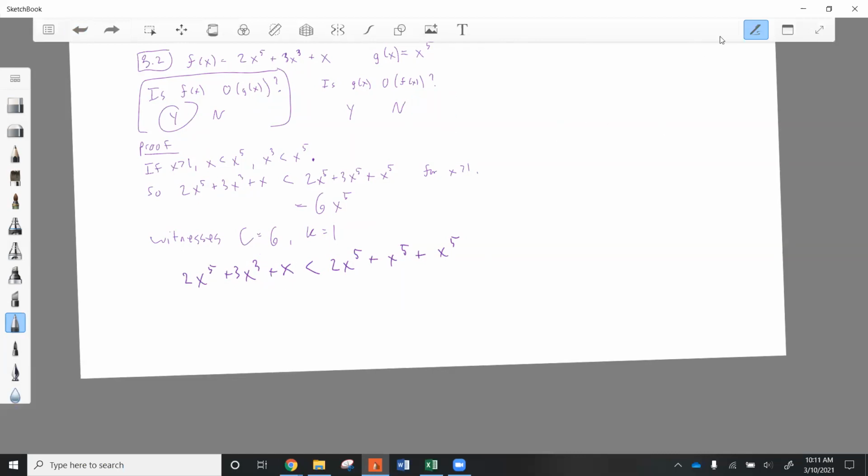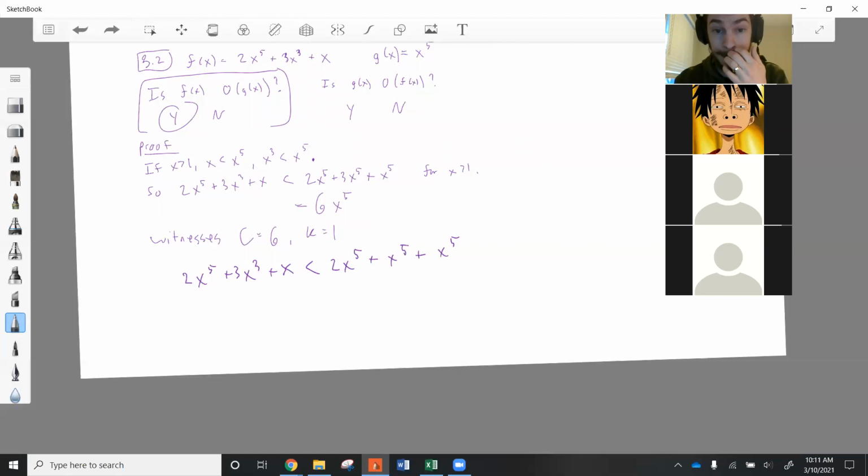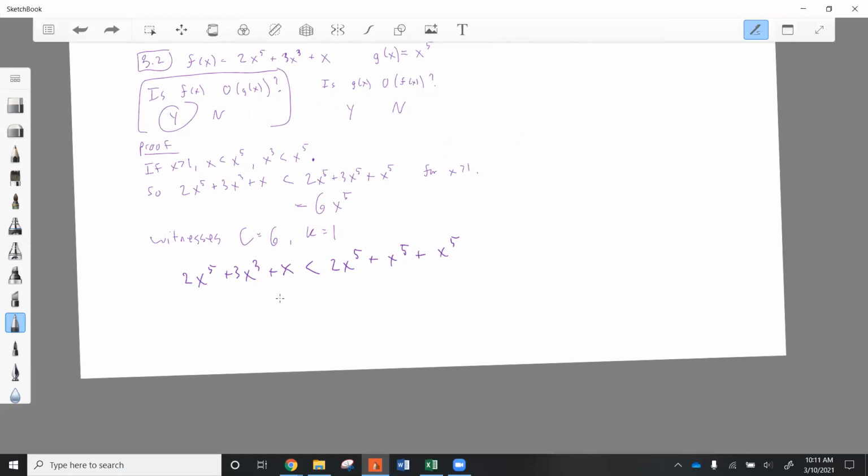But then you have to identify for what x value that is going to be valid, to adjust what your k equals. In this case, this comparison is valid for x greater than 1, but this comparison that says x to the fifth is going to be greater than 3x cubed, really you're saying 3x cubed is less than x squared times x cubed, which is only valid for, I think, x greater than the square root of 3, right?